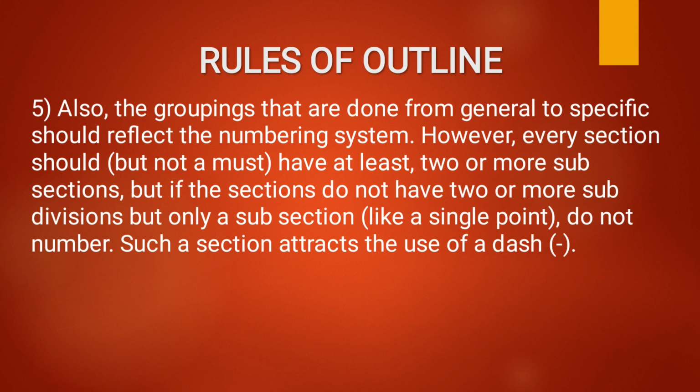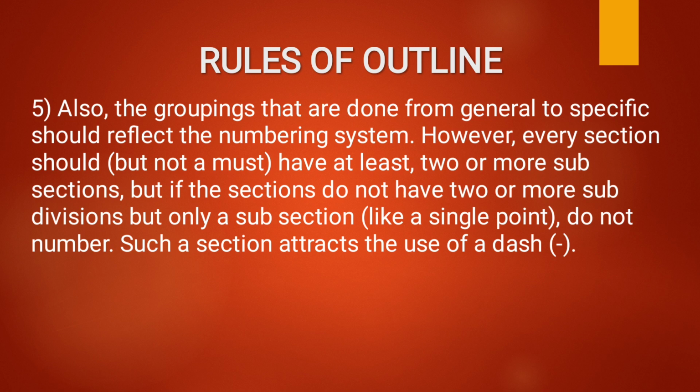Causes of teenage pregnancy on top. Probably it is the topic sentence. So 1, causes of teenage pregnancy. Then you come down. If they were 2, they would have been A, B, C or A, B. But because it is 1 point, then you do dash poverty.